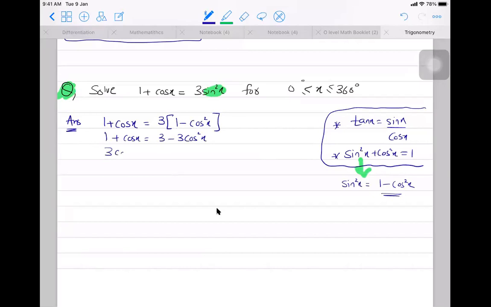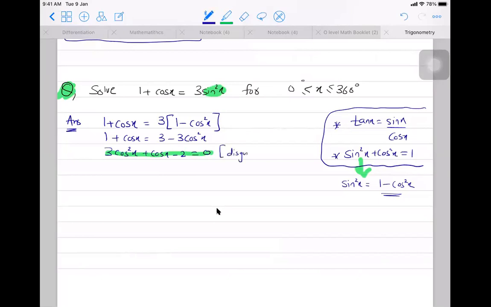And then you can simplify this: 3 cos square x plus cos x minus 2 equals 0. What would you be calling this equation? What does this equation look like? Is it quadratic? It's like a disguised quadratic.